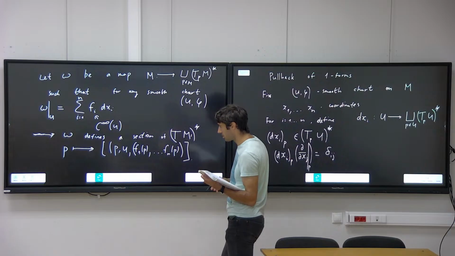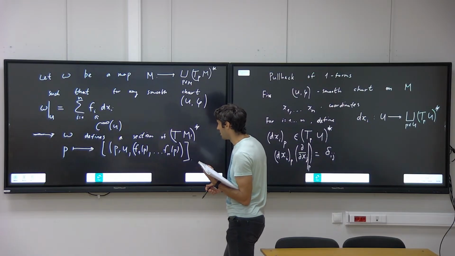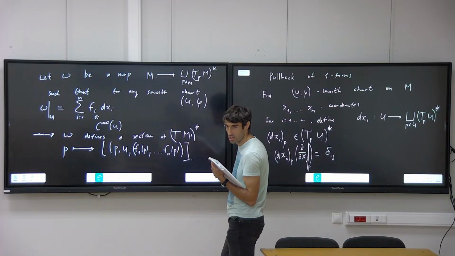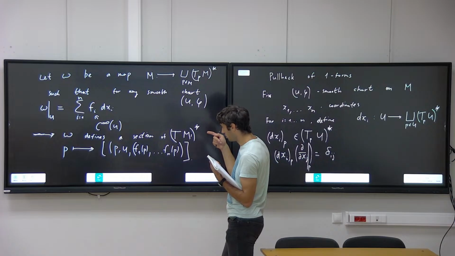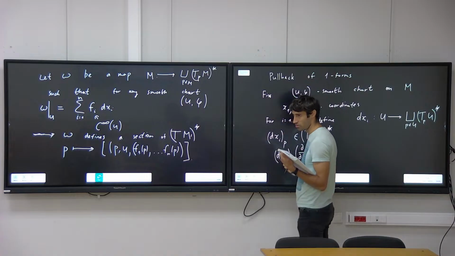Okay, I need to check that it is consistent, but it is, because you need to check how the dx_i transform under the change of coordinates. And they transform in the same way as the dual basis transforms.